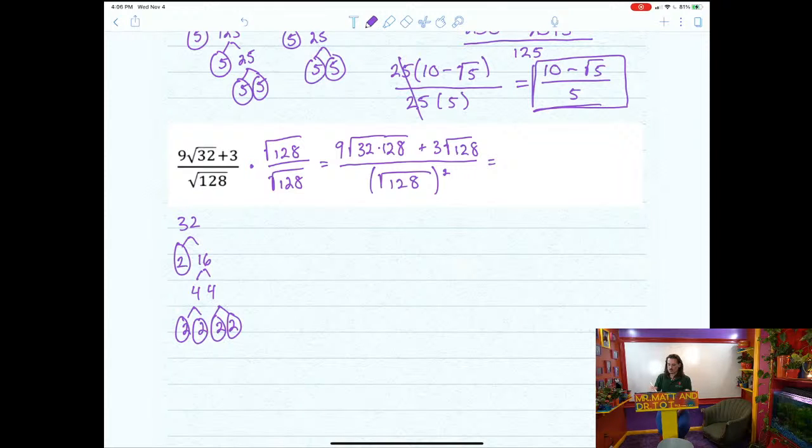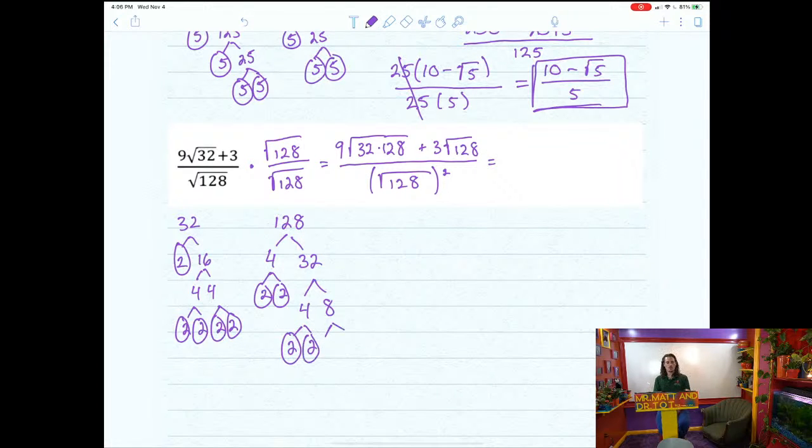So 4 times 32 is 128. So this guy is just a whole bunch of 2's as well. That would break down into 4 times 8, 2 and 2. 8 breaks down into 2 times 4. That breaks down into 2 and 2. So you're going to end up just with a whole bunch of 2's here.